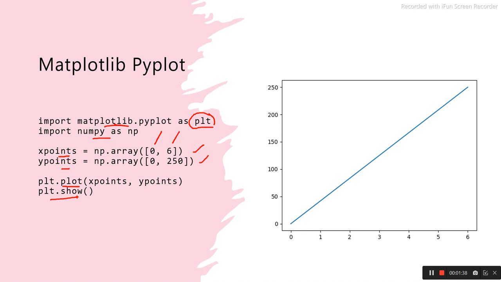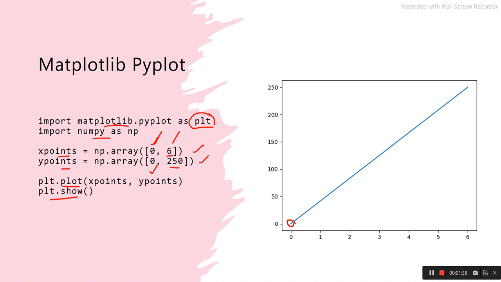Now let's see how this graph has been drawn. First you take the first point from x, that is 0, and 0 from y. So we got one point, 0 comma 0, and that is plotted here. Then the second point is 6 and 250, so that is the way you have to take the points, one from the x array and one from the y array.